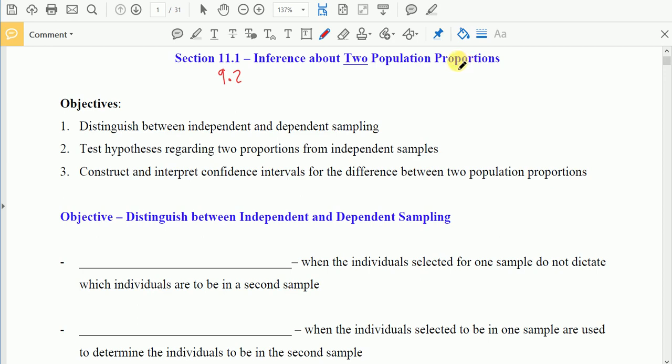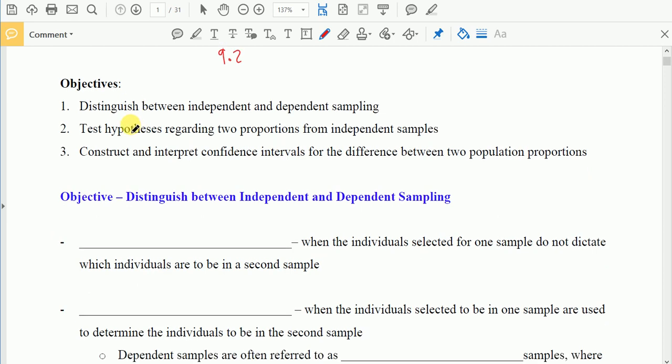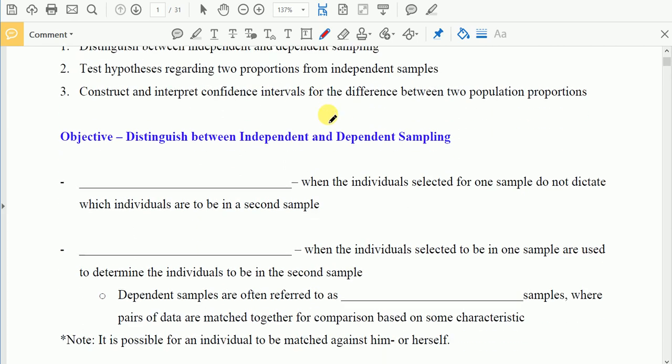So the first section, before we do anything, make sure that we understand the difference between independent and dependent sampling. Now, when the individuals selected for one sample do not dictate which individuals are to be in the second sample, that means they do not depend on each other, or in this case you have independent sampling.